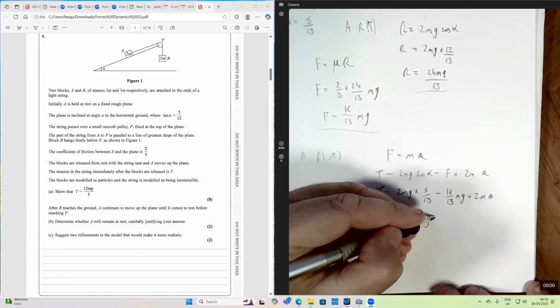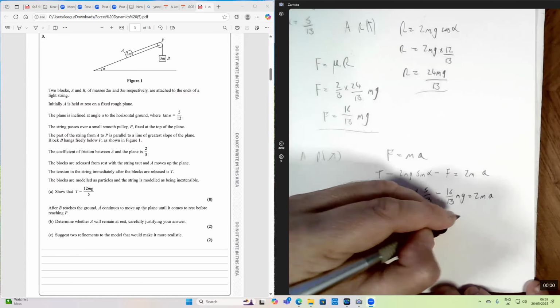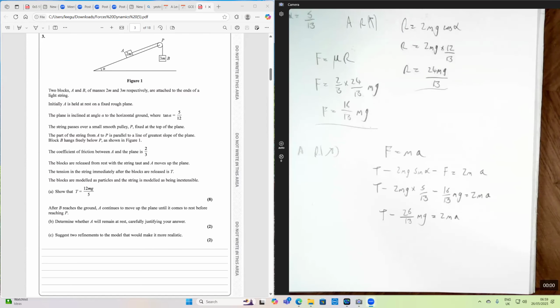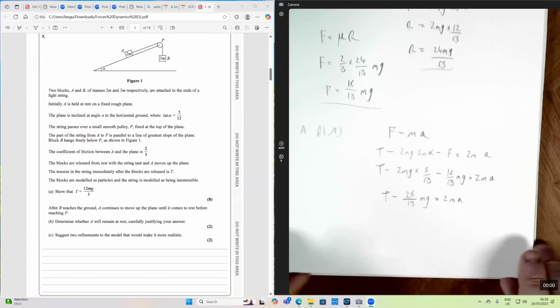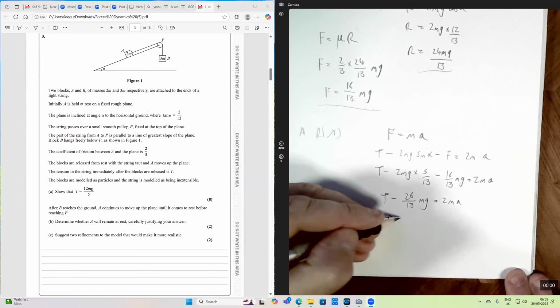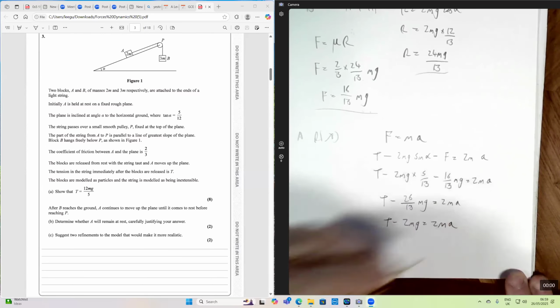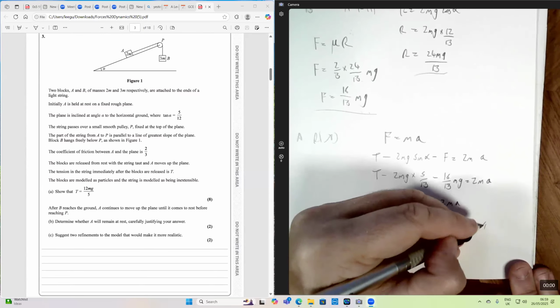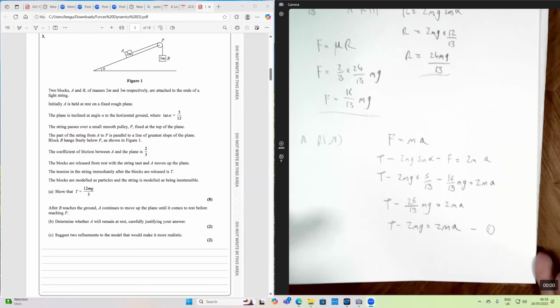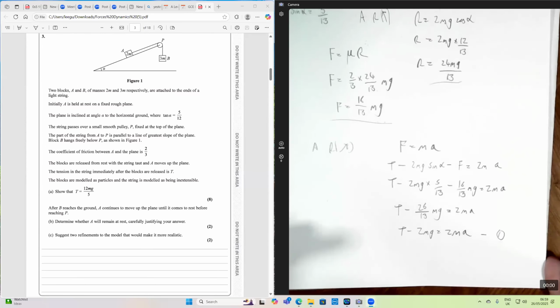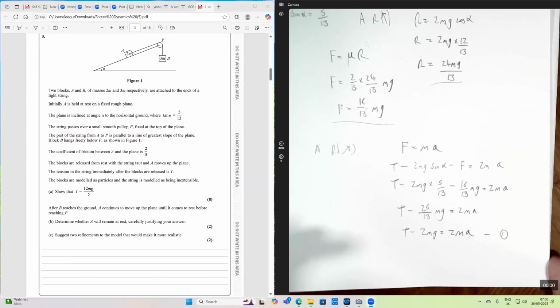T minus 26/13 mg equals 2ma. And then 26/13 is going to be 2. So we've got T minus 2mg is equal to 2ma. Okay, let's park that result and keep that there for a moment. We've now got our equation from resolving up the plane.